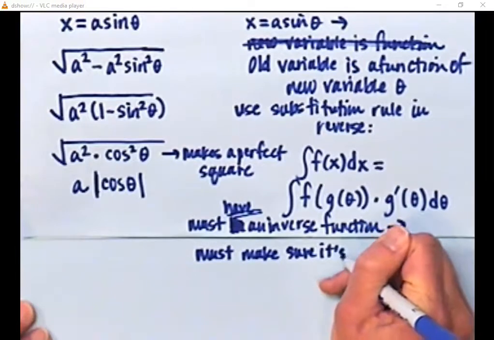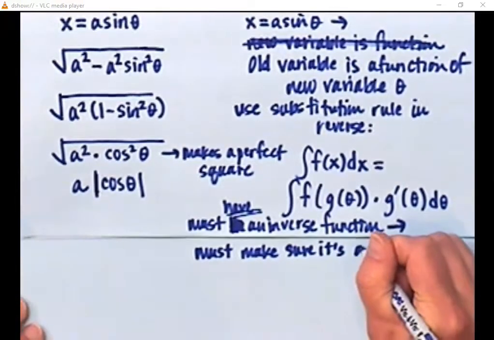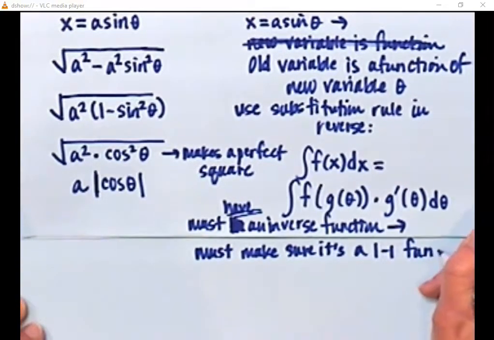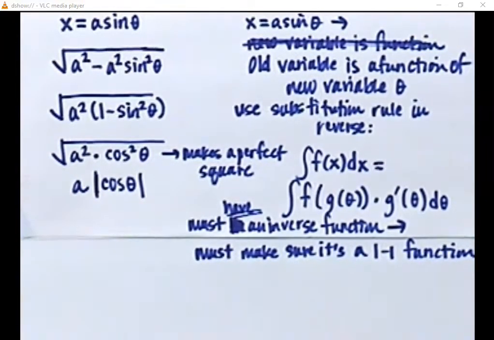And I'll show you here in a minute how we test that. The theta function really must have an inverse function, so that's the one we test. So this new function, a sine of theta, must have an inverse function, so we want to make sure it's a one-to-one function. And usually we can do that.